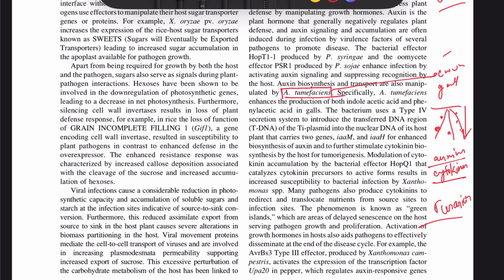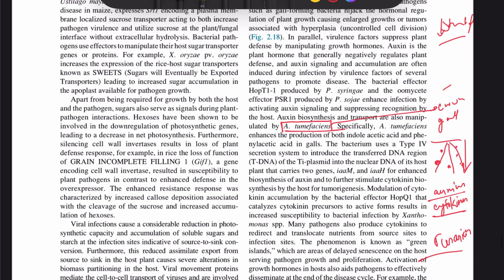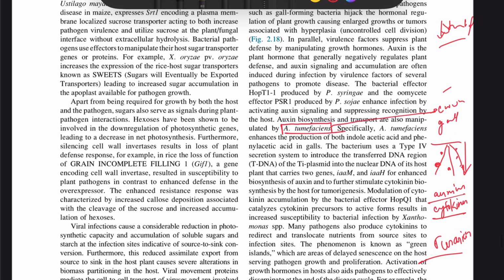Overall, what we can see here, the infections reduce plant size, vigor, reproductive success, which directly impacts agricultural productivity. Everything that is happening here, ultimately it will hamper the agricultural productivity.